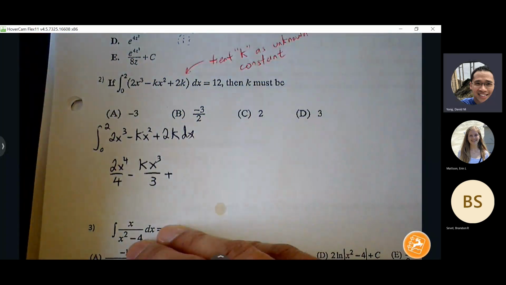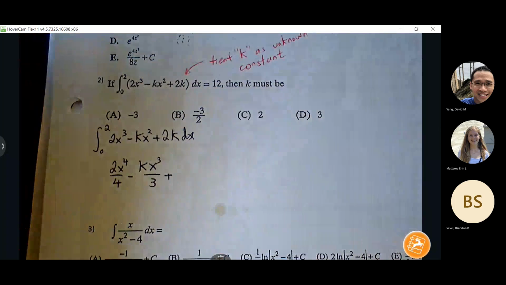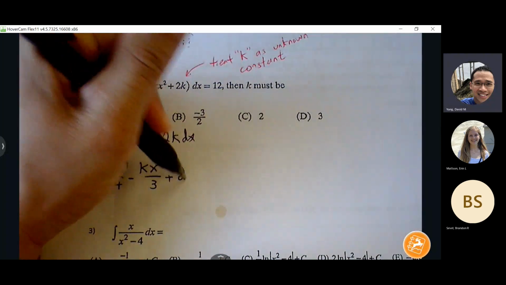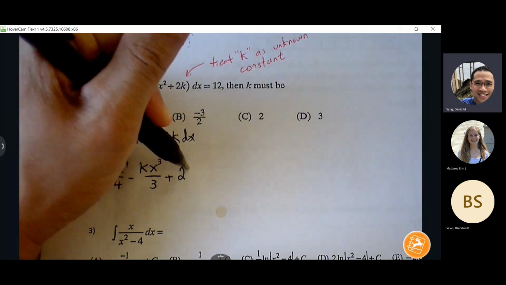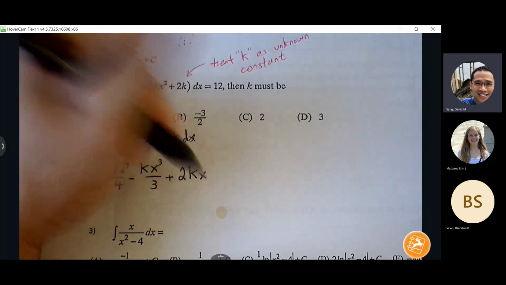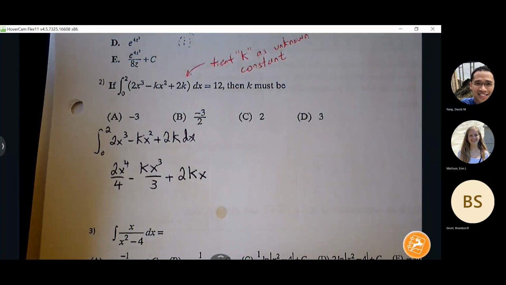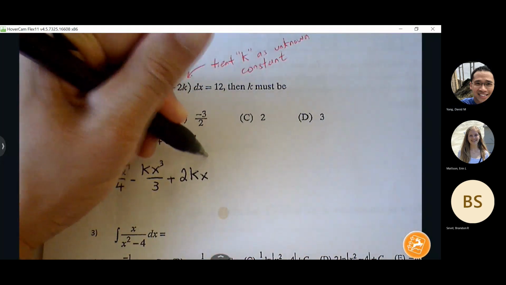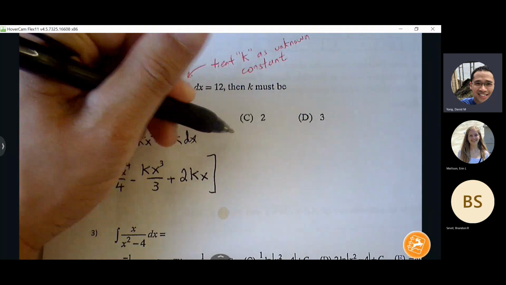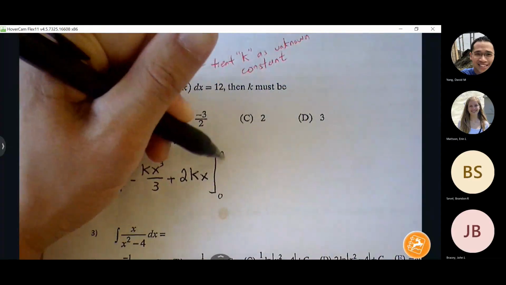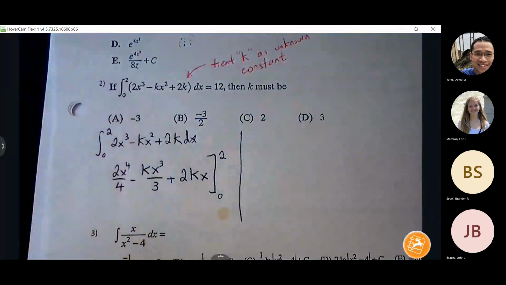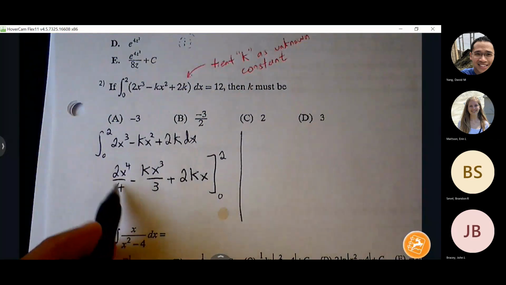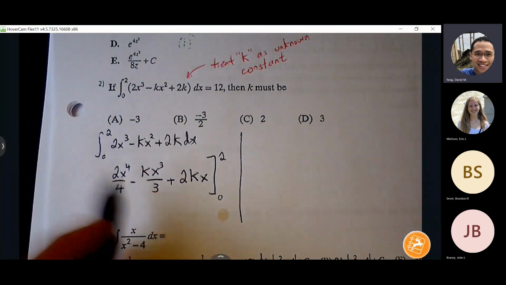And what does 2k become? 2kx, that's right. Not 2k squared over 2. That's just some number. That number is going to rise up to a degree 1. Okay? No plus c, because we see the bounds involved. So we know we can work in those bounds. Okay, so 2 goes in for x.